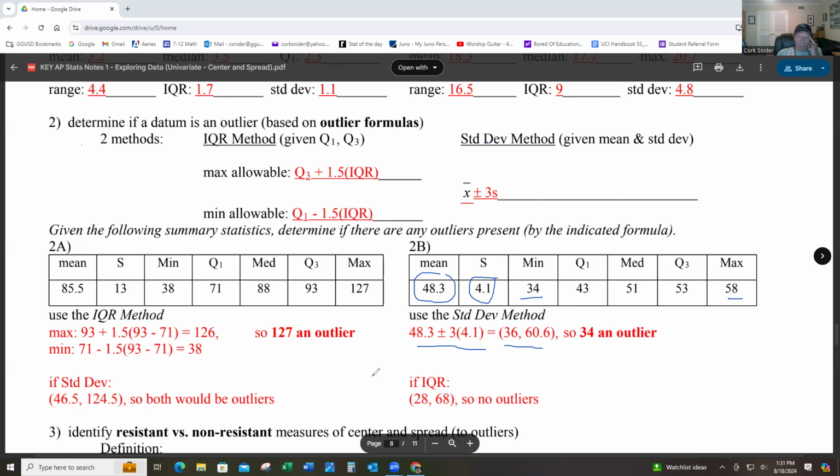Now the IQR method, let me draw this one out for you. The IQR method would be, let's see here, Q3, which is 53, plus or minus 1.5 times the IQR, which is 53 minus 34.